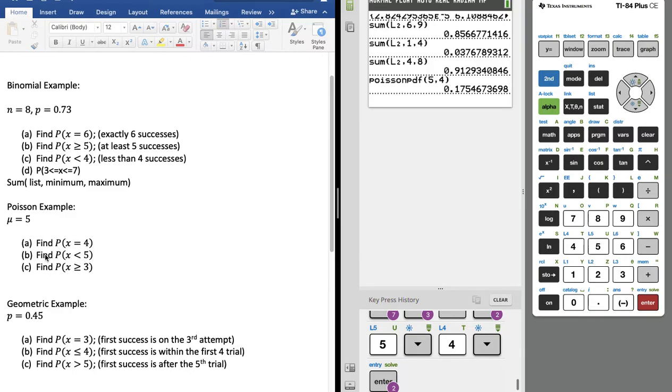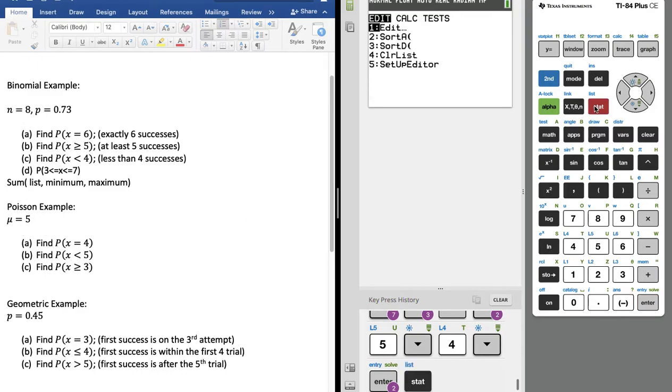Now, what if they're asking for something a little bit more complicated? So it says find the probability that the number of whatever we're looking for is less than 5. So notice here that we're not actually given a limit, so we don't have a maximum number of participants. We're just kind of given the average.